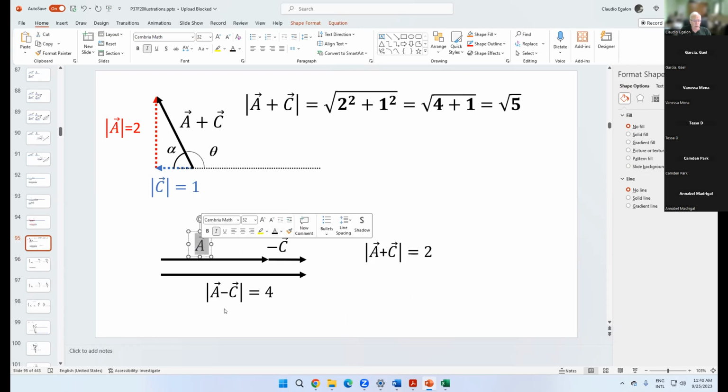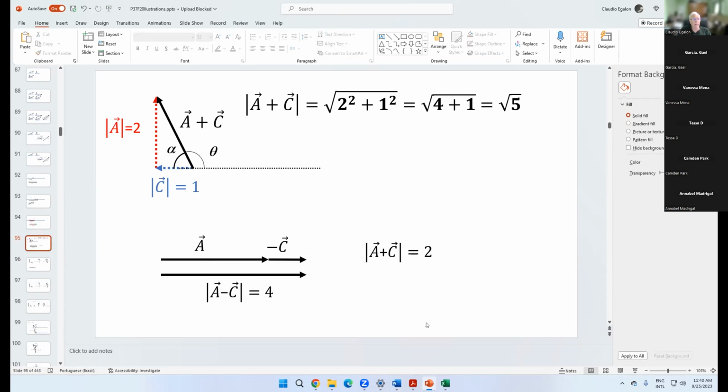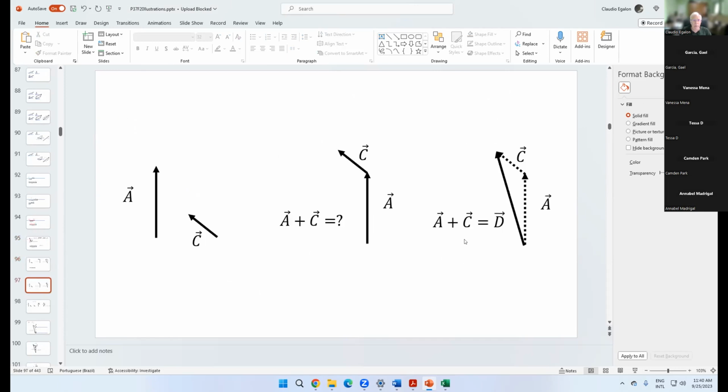If the vectors are not in the same direction, but at different directions, then it's a little bit more complicated because it requires a different equation. And here is the vectorial summation. There is one more.